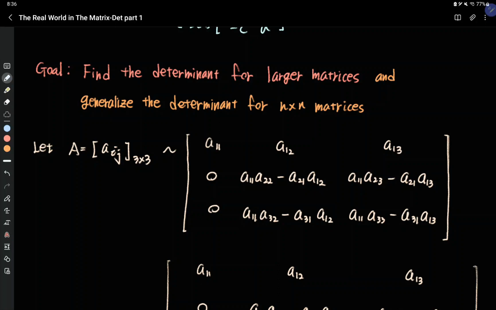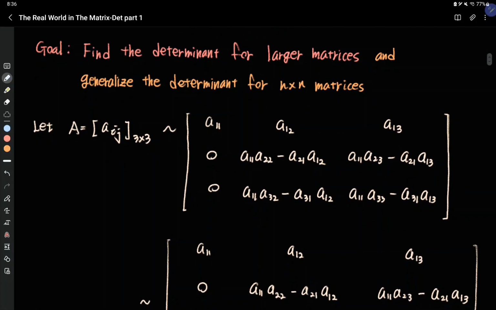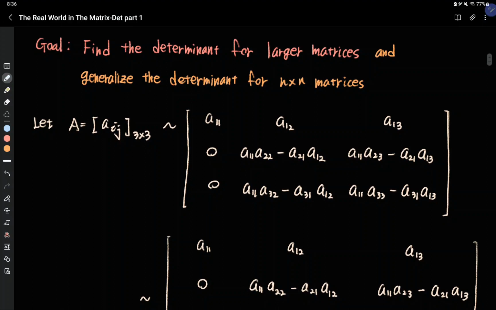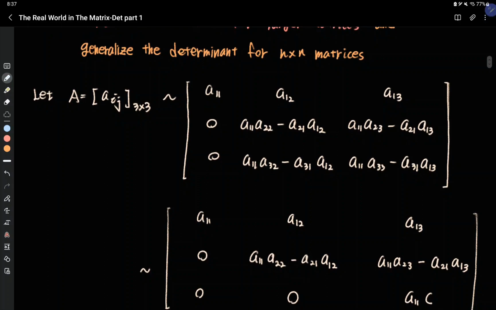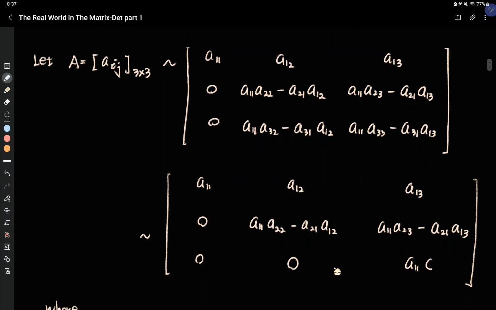We use the three row operations to make all the lower entries zero.